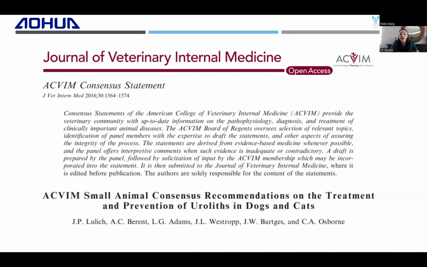This is an open access source that you can have for any type of uroliths and what is the recommended route. I want you to download it and have it in your practices, as well as the other consensus statements, which are very helpful because they give you an overall view of the pathology, the diagnostics, and the current treatment, even the latest treatments.